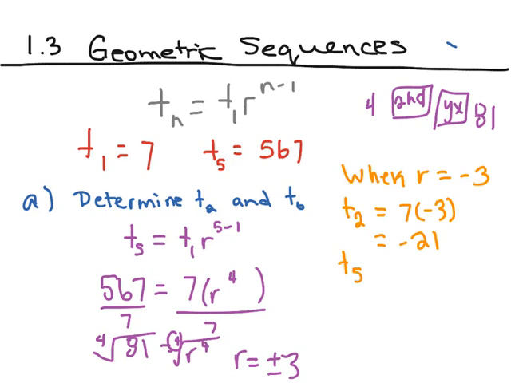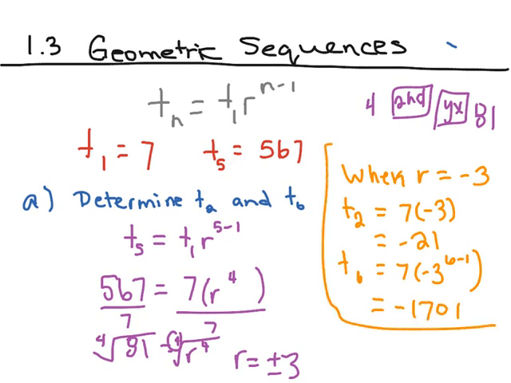And T6 is going to equal 7 times negative 3 to the power of 6 minus 1. 6 minus 1 is 5. Negative 3 to the power of 5 times 7 is negative 1,701. So when R is equal to negative 3, those are your answers.